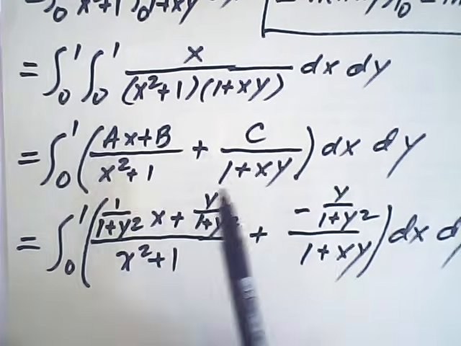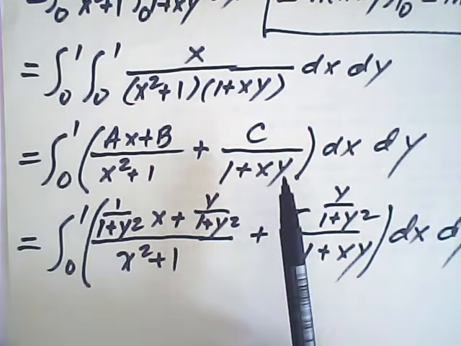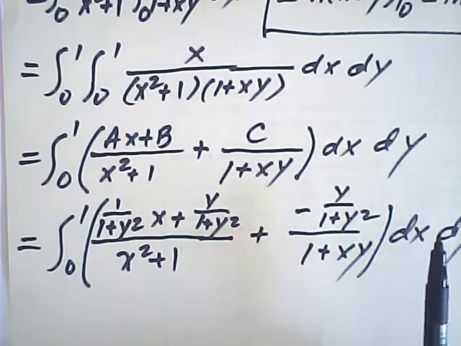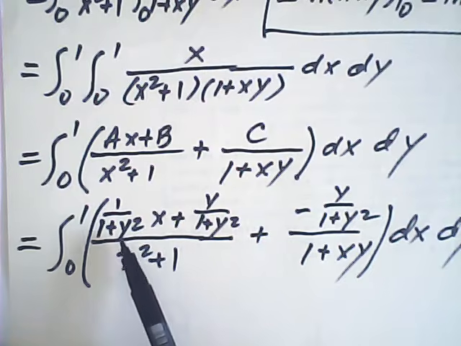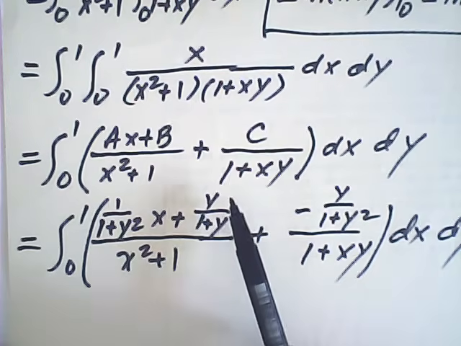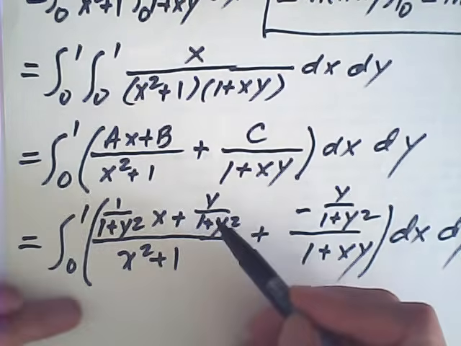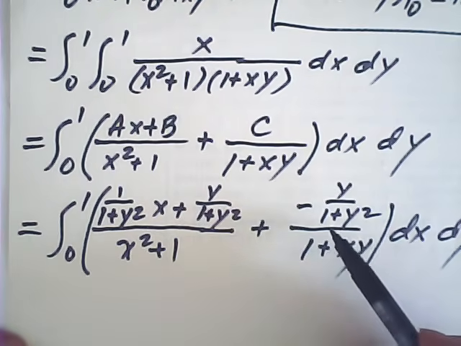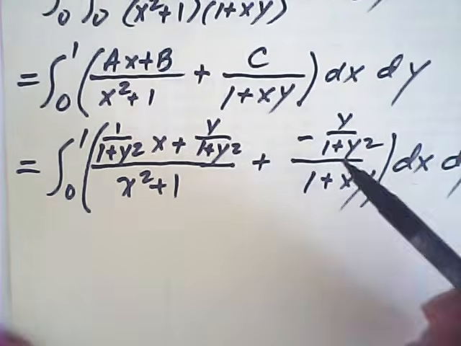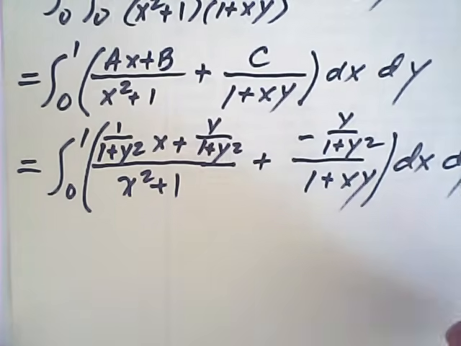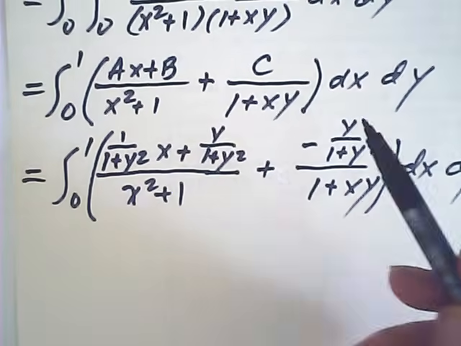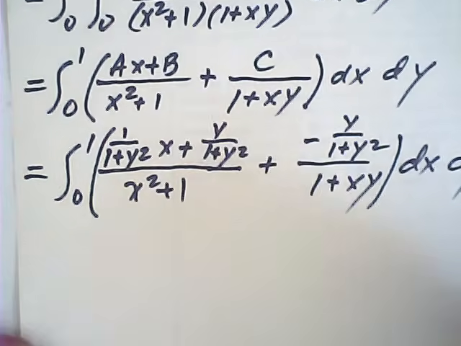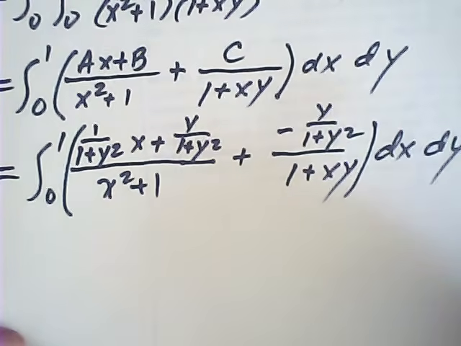Then using the comparison of the coefficients, we determine a, b and c. A is 1 over 1 plus y squared. B is y over 1 plus y squared. C is negative y over 1 plus y squared. Excuse me if I omit the detail of finding a, b, c, but you can do it very easily.